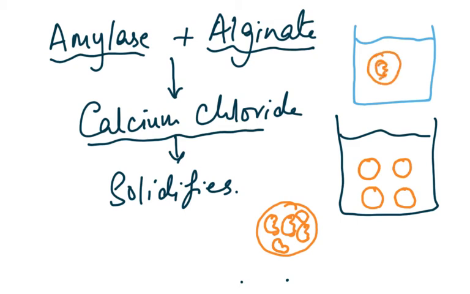So amylase and alginate put into calcium chloride solidifies, and you get these beads. What is sticking on these beads is the amylase enzyme. So this is an example of immobilized enzymes.